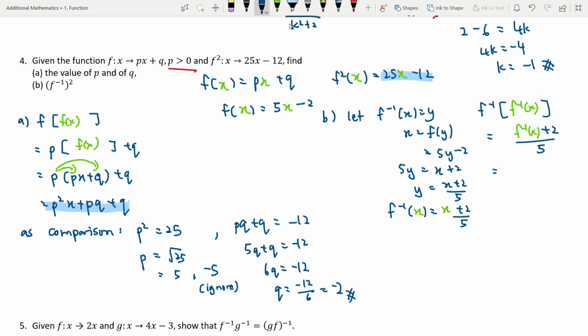Substitute it again. x plus 2 over 5 plus 2, divide by 5. Simplify the fraction. We have x plus 2 times 5, 10 over 5, multiply with 1 over 5. Then we get x plus 12 over 25.